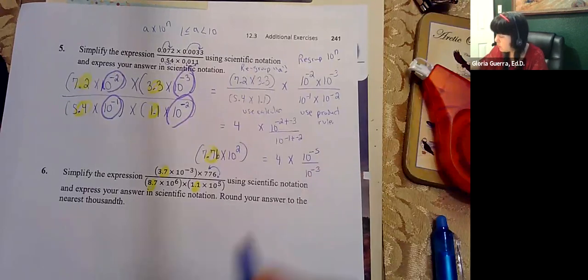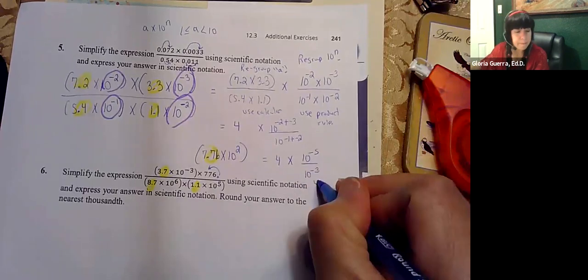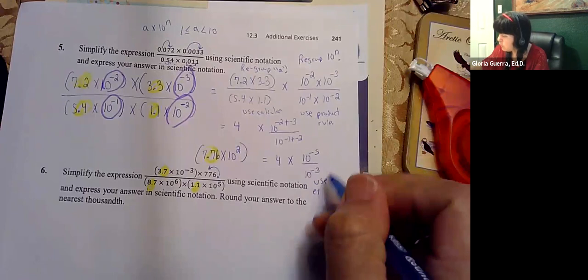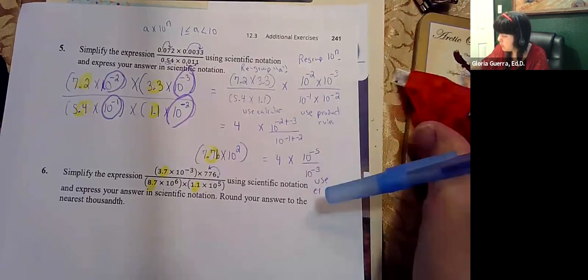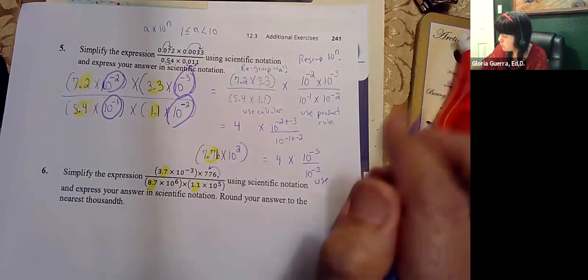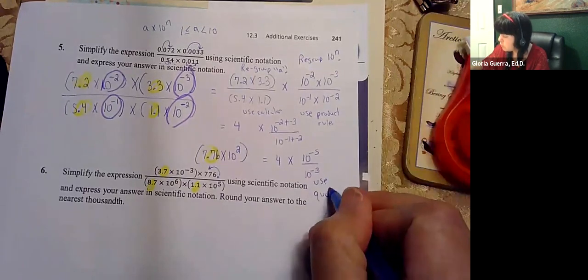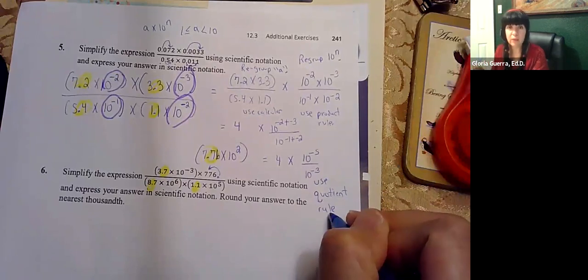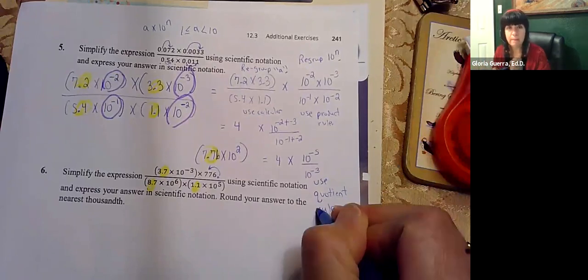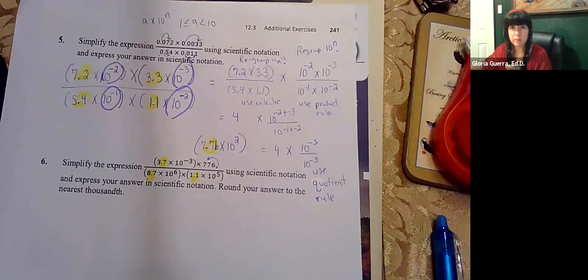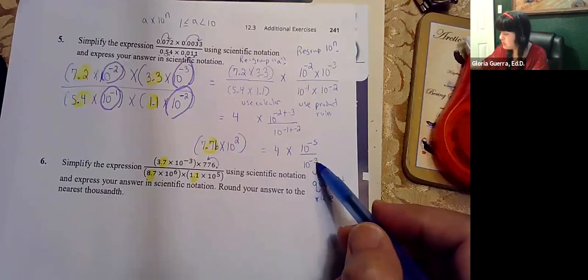And now I'm going to use the quotient rule. First I use the product rule, then I use the quotient rule. And the quotient rule tells you to subtract, top minus bottom, top exponent minus bottom when dividing like bases.